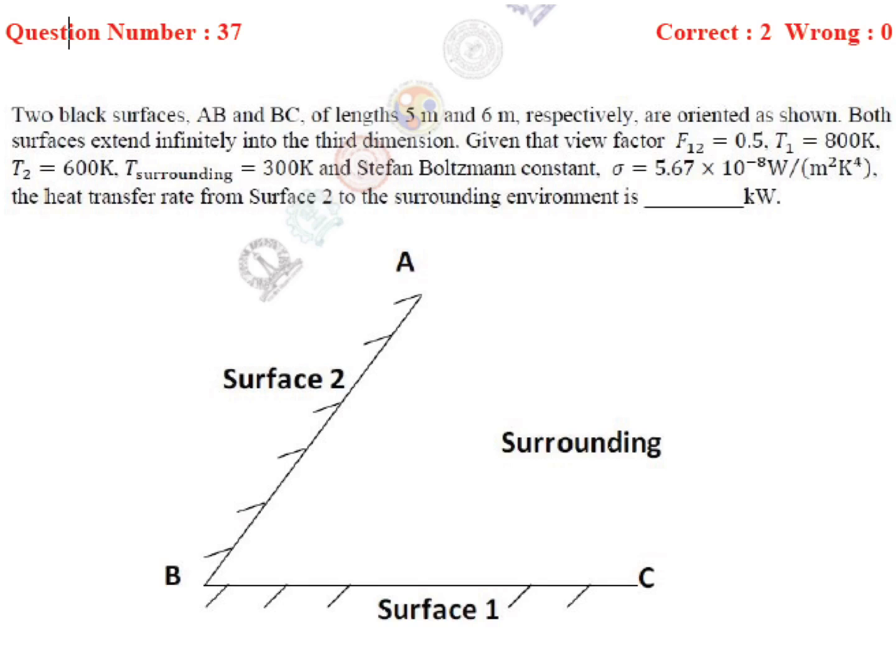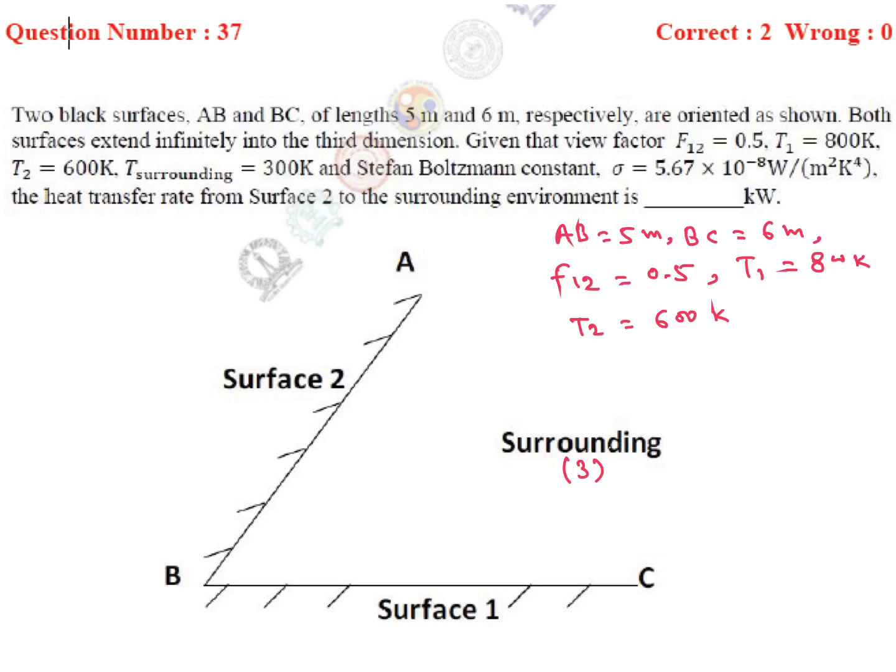Let the surrounding be 3, with surface 1 and surface 2. AB is given as 5 meter, BC equal to 6 meter. Then F12 is given as 0.5, T1 is 800 Kelvin, T2 equal to 600 Kelvin, T surrounding or T3 equal to 300 Kelvin.